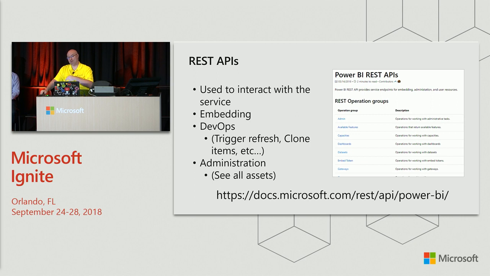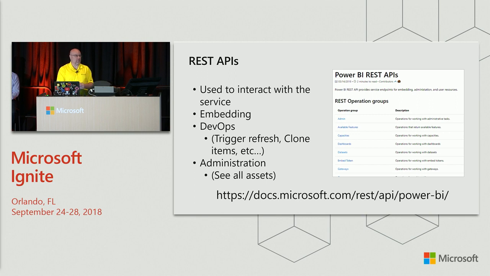So I can look at all workspaces inside of the organization. I can look at all dashboards, reports, any of those items, and I can pick out information based on that. To make this even easier, as Łukasz said, wait, there's more. We produced a set of PowerShell commandlets for Power BI that wrap these items.